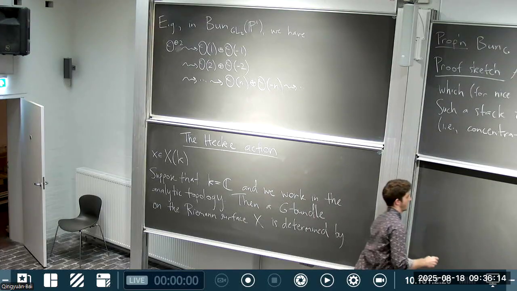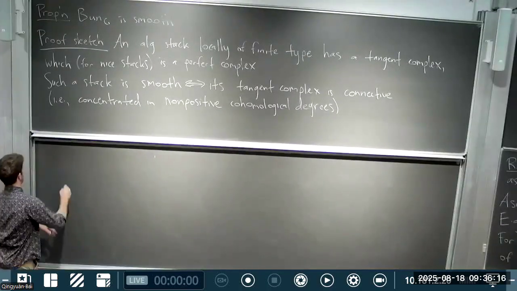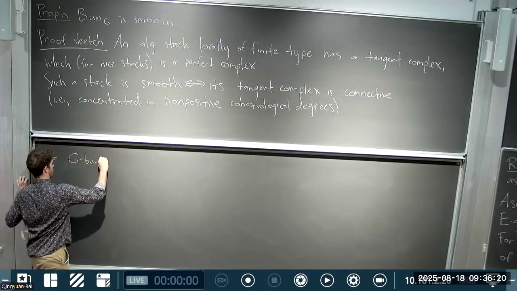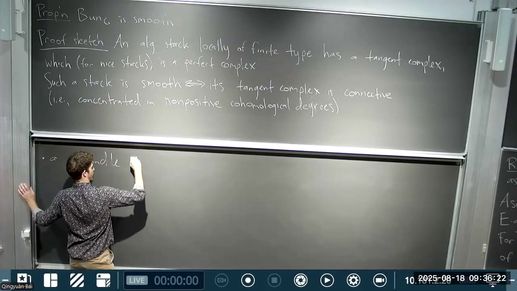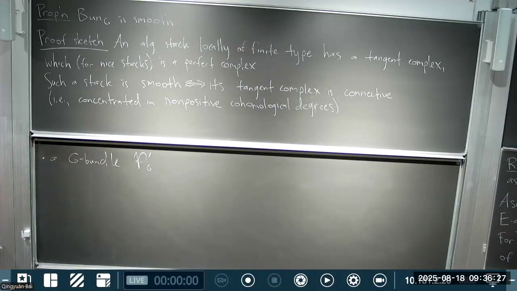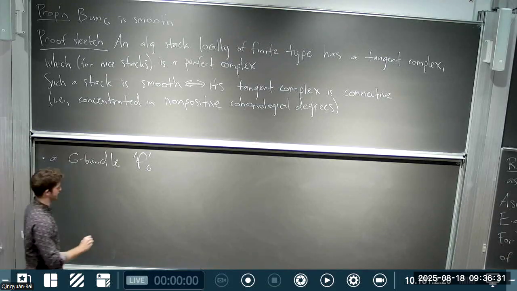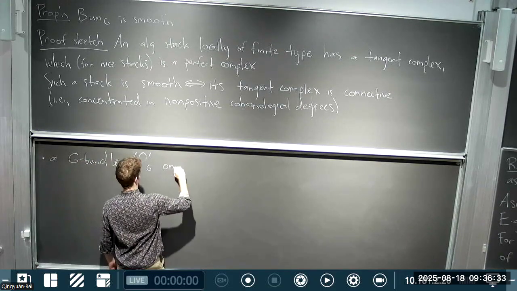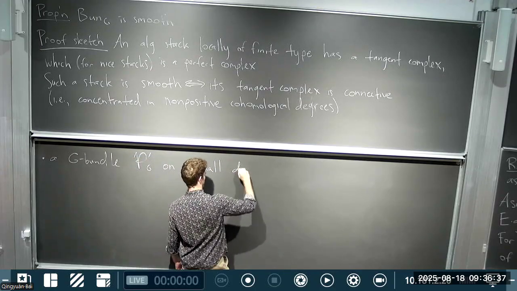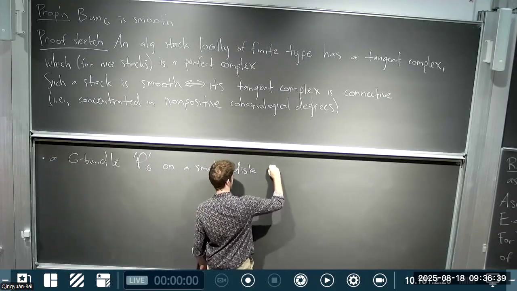The first piece of data is a G bundle. I'll say P for the actual bundle on X. So P prime is a G bundle on a small analytic disk centered at x.